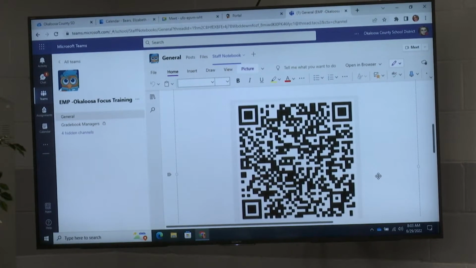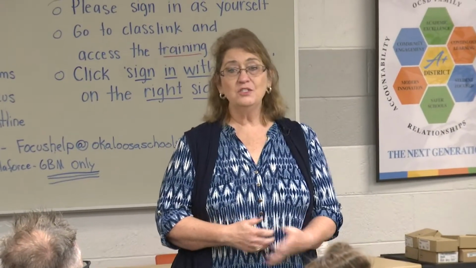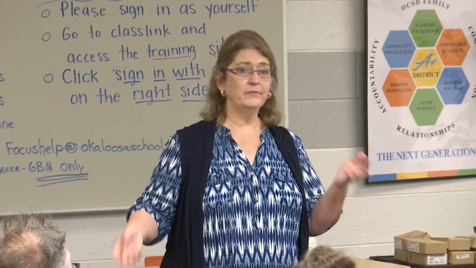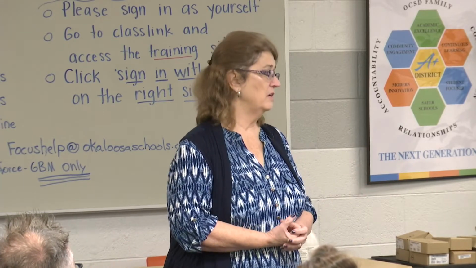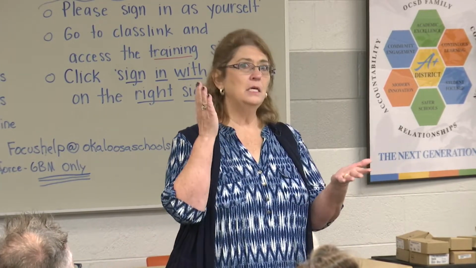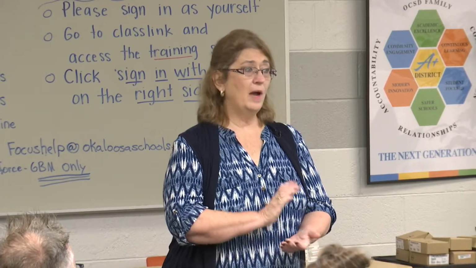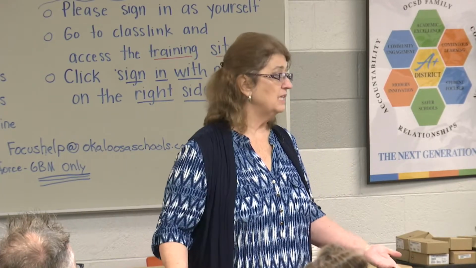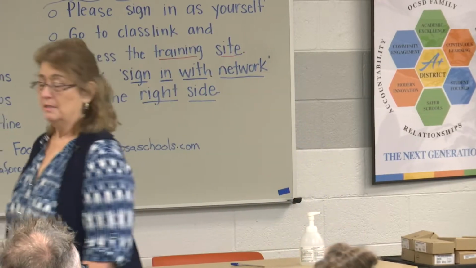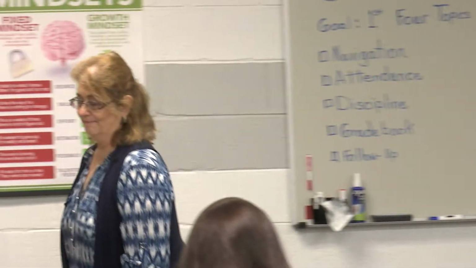They can use the same QR code every time you meet with them if you want to, because there's no point in giving you a different one for each month. I just want them to meet with you. I just want them to be able to say, did I know what I was supposed to learn? Did I get it? Do I have any other questions? Really, that's all I'm looking for, to make sure their needs are met.